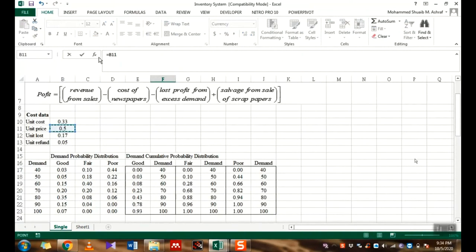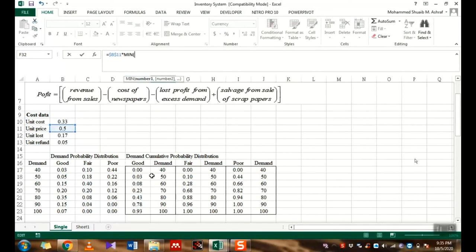So the formula will be the selling price, because we have to fix this cell, multiplied by, we will use the min function. Okay, minimum function.